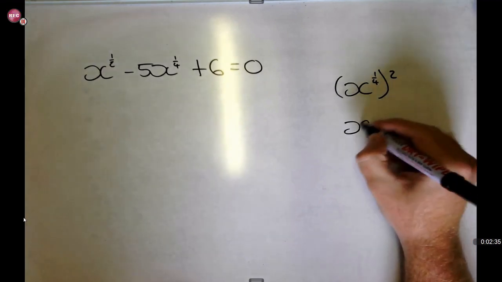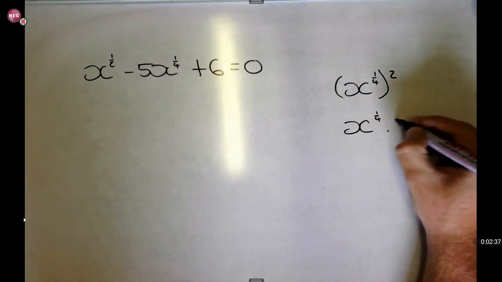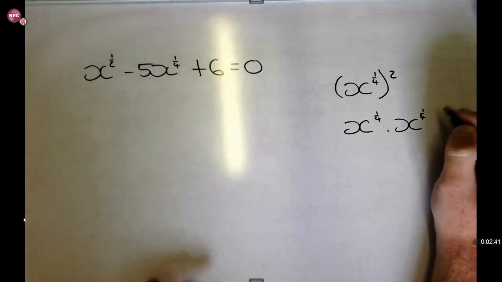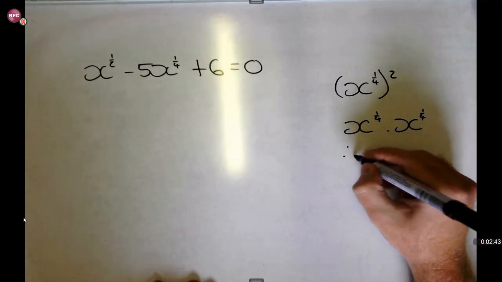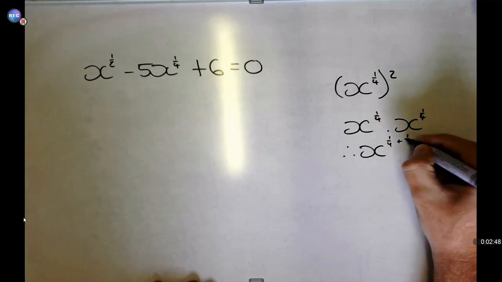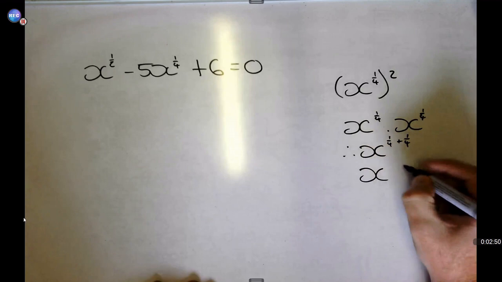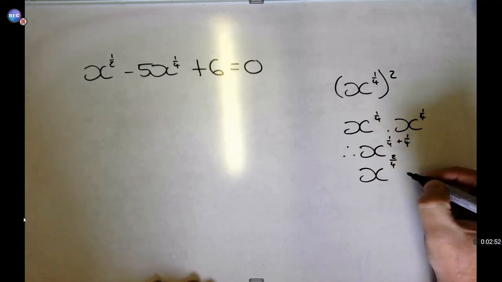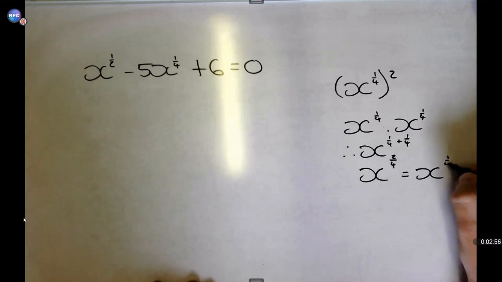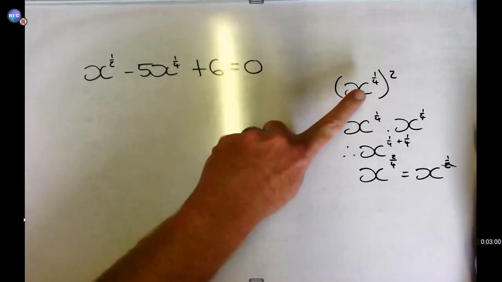So we're going to say x a quarter times x a quarter, because you're splitting them up into two different brackets. Then you'll therefore have x a quarter plus a quarter, and that will give you x to the power of 2 over 4, which is then simplified to x to the power of a half. So that is why we're using a quarter.